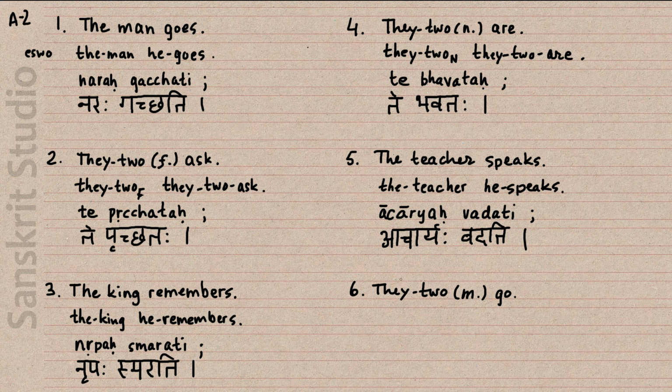And then number 6, they two go. Let's see, then we have the eswo line here, they two, they two go.